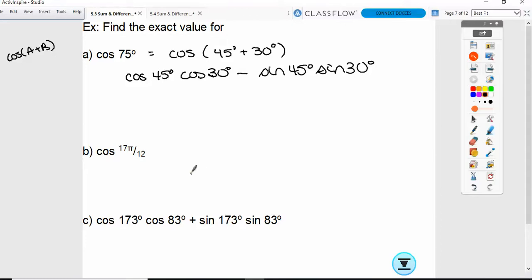At this point, we can evaluate this stuff. So when I say cosine of 45 degrees, what is that? Times the cosine of 30 degrees. Sine of 45 degrees. Sine of 30 degrees.